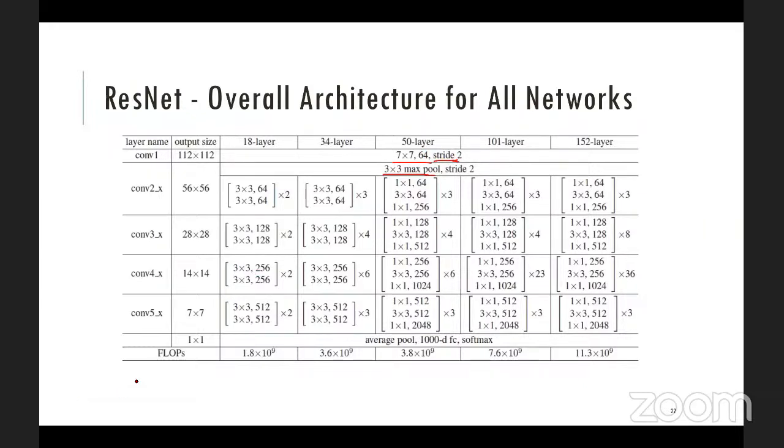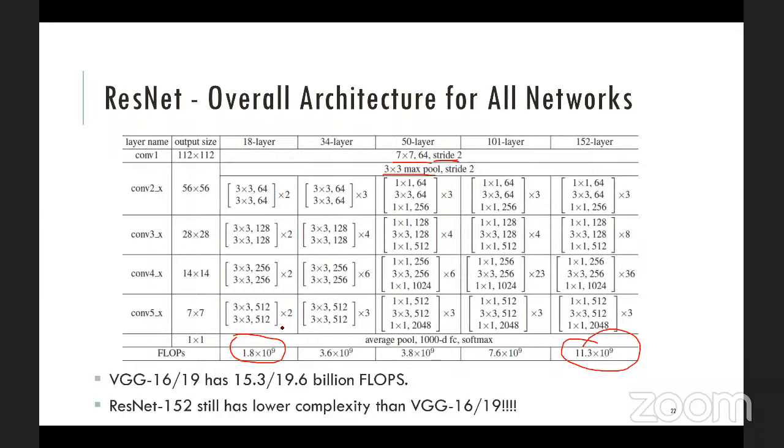And you can see here the FLOPs. So for ResNet 152, these many FLOPs are there, right? If you remember, we just talked about VGG, VGG 16 and 19. I told you it was 15.3 to 19.6 billion FLOPs.